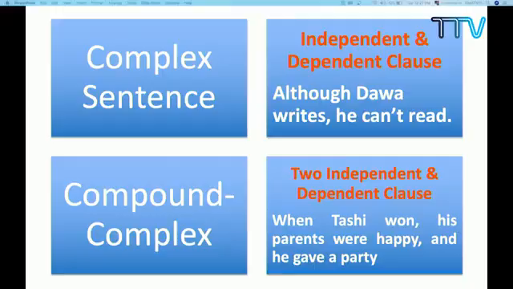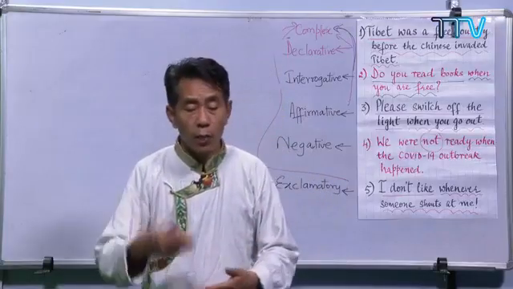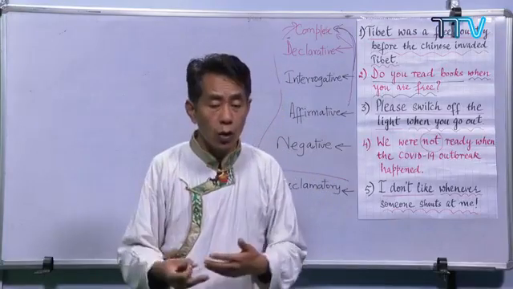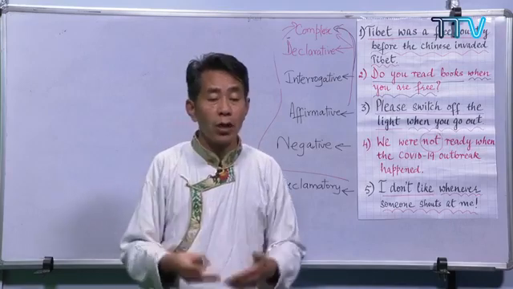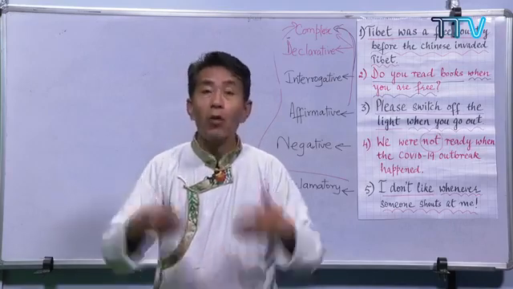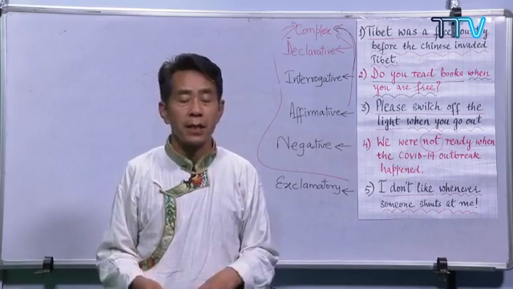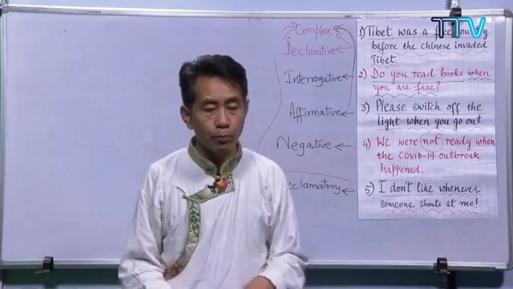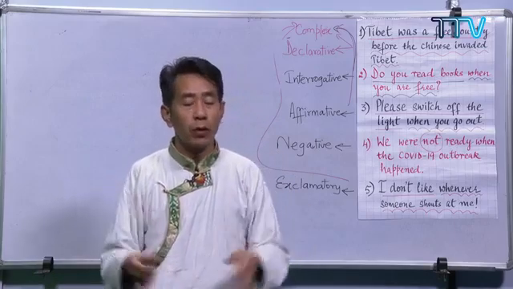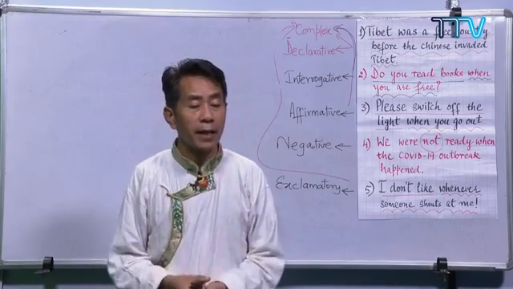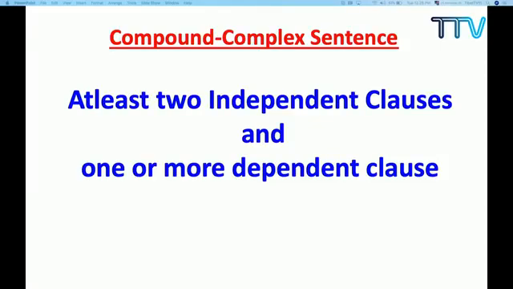When you go through different types of books, or sometimes the textbooks of higher classes, you will come across compound complex sentences. You got it? Now, in a compound complex sentence, you have to keep in mind that there should be two independent clauses and one or more dependent clauses.